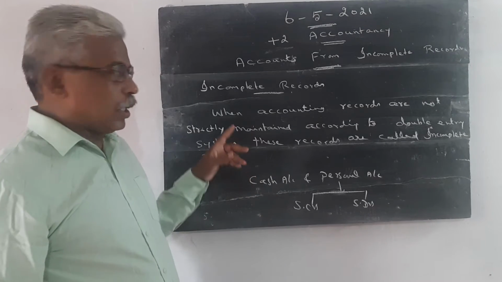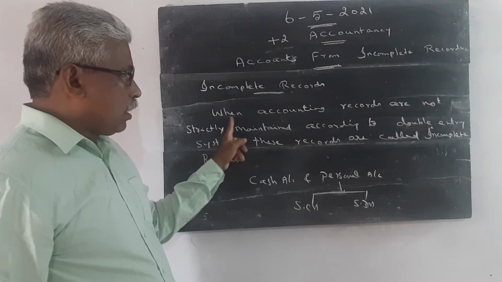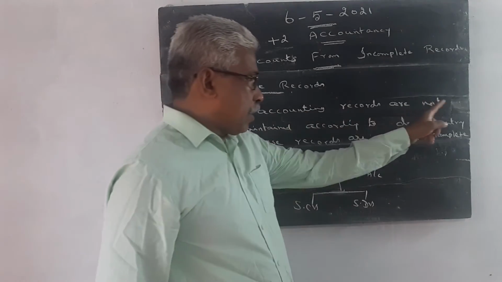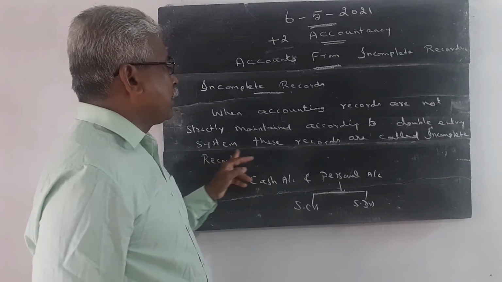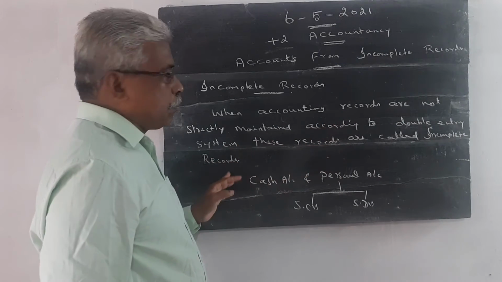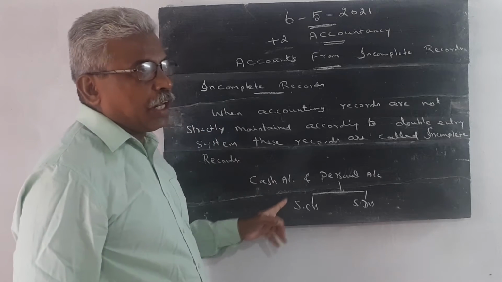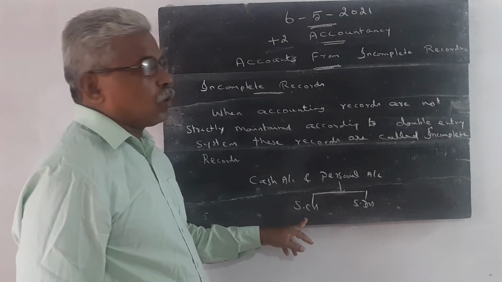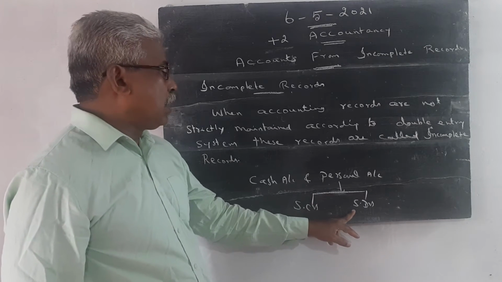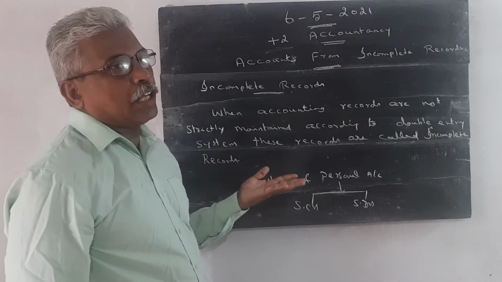Once again I want to explain the meaning of incomplete records, a 2-mark question. When accounting records are not strictly maintained according to the double entry system, these records are called incomplete records. Normally they maintain cash account and personal accounts, that is, sundry creditors and sundry debtors accounts, and other accounts are sometimes maintained according to their need.